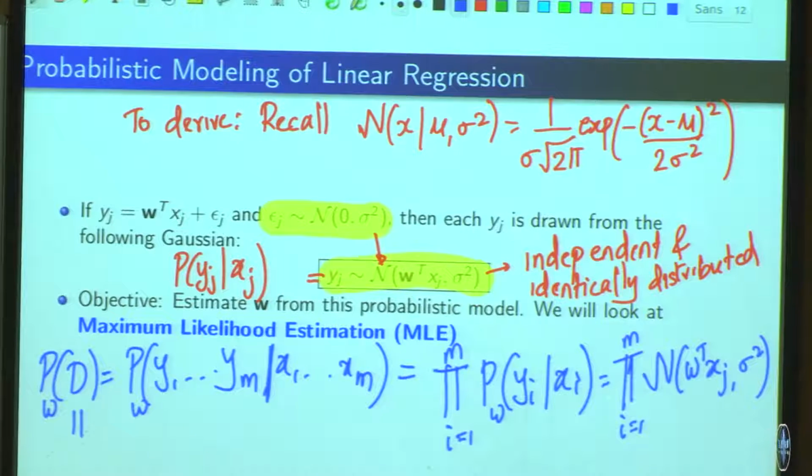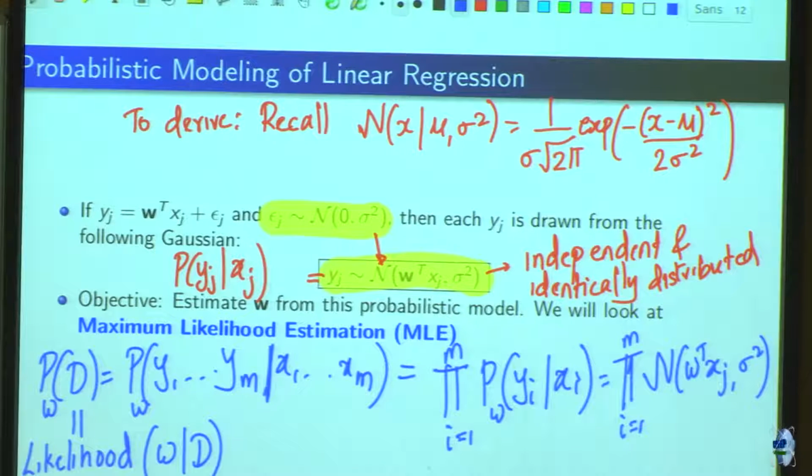So the same function is called likelihood when you view it as a function of w given the data set, or subscript the data set. It's the same, the probability of the data assuming some w, viewed through a different lens, as a function of the w where the data set is given to you, and that will be called the likelihood function.